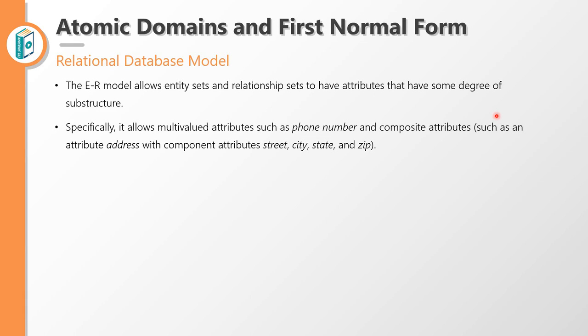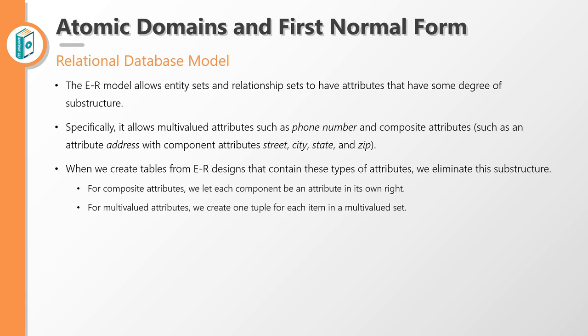Similarly, if there are any composite attributes like an address, which can have street, city, state, as well as zip, so it can have sub-attributes as well, correct? We recommend that you create an altogether separate table to store the composite attributes as well. While you're eliminating these substructures, you're making sure that your relation is going to be an atomic domain, or an atomic relation.